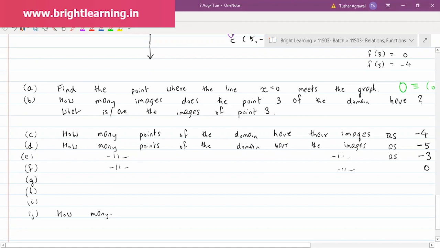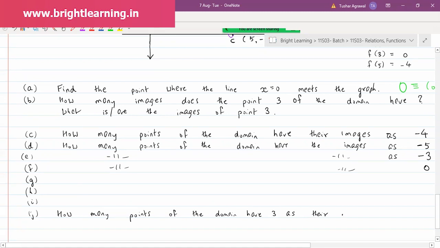And the next question that I want to give you is: how many points of the domain have 3 as their image? Now these two questions are related, but they are completely different. Language-wise they look the same, but they are not the same.